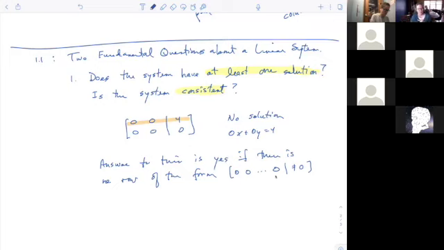All right. So that's how you answer that question. Now, if the answer to that question is yes, does the system have at least one solution? Then you go to question 2.